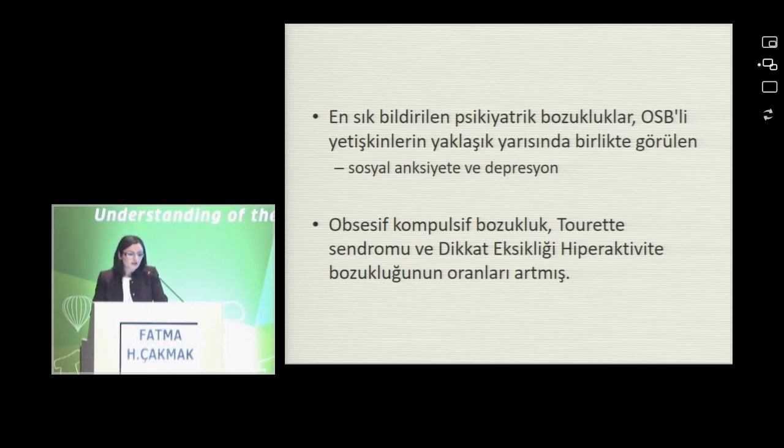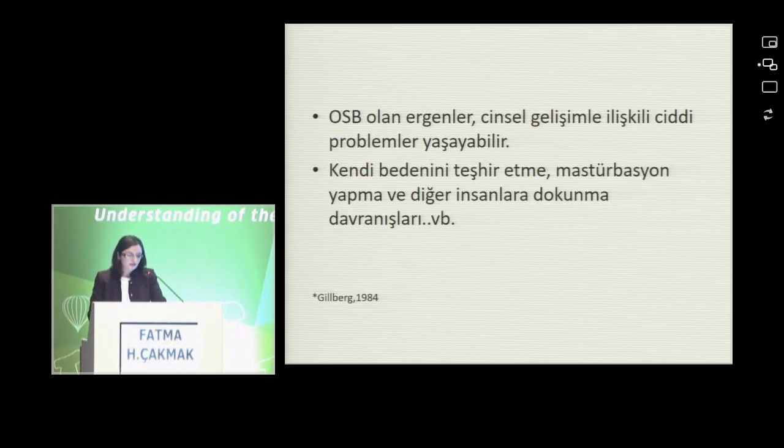Almost half of them have social anxiety and depression, and in adolescents we see depression as the most commonly reported psychiatric disorder. But apart from this, Tourette syndrome, attention deficit hyperactivity disorder, and other disorders are elevated as well.